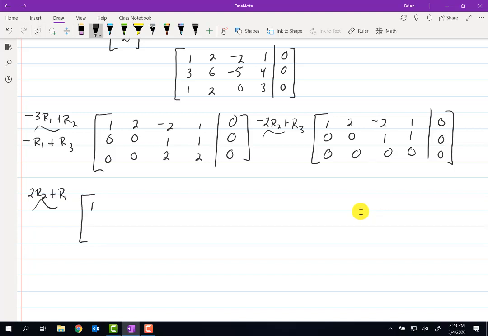The good thing about this is the first 2 entries are going to be unaffected. Now, 2 times 1 plus negative 2 will be a 0, as planned. And then here, 2 times 1 plus 1 will give us a 3 in that location. So as equations, this is what we have.